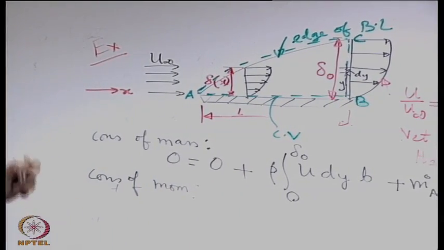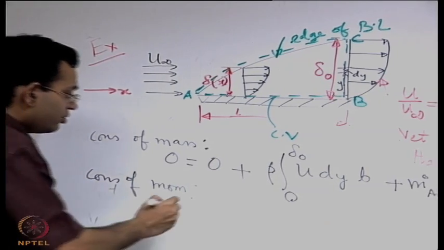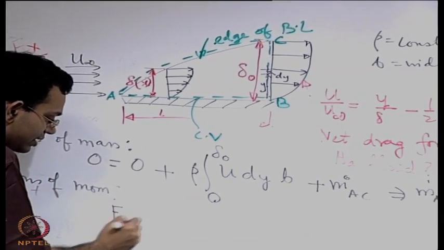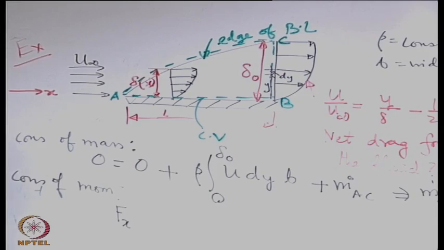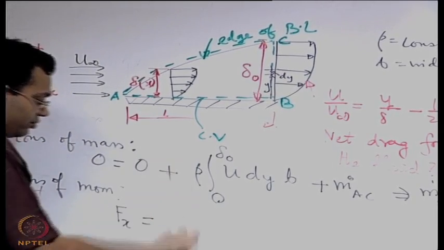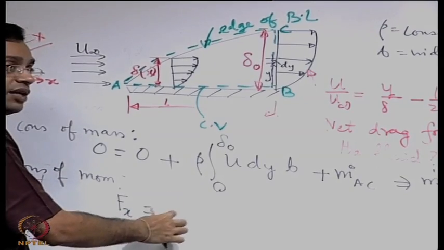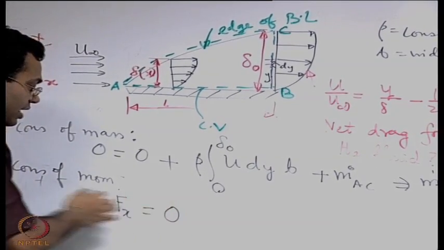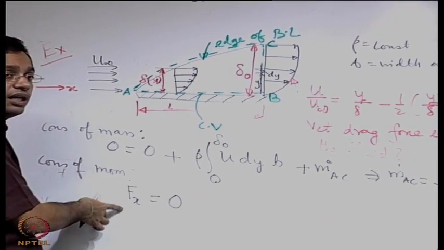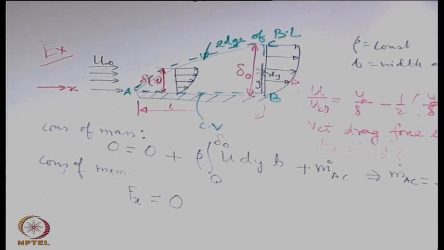The force might have some component, but let us write only the x component. So Fx is equal to the right hand side, the time derivative term is 0, we are writing the Reynolds transport theorem for linear momentum conservation.